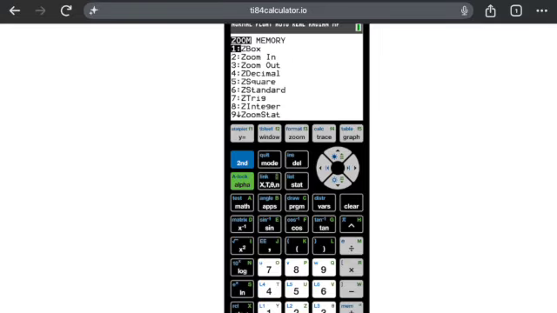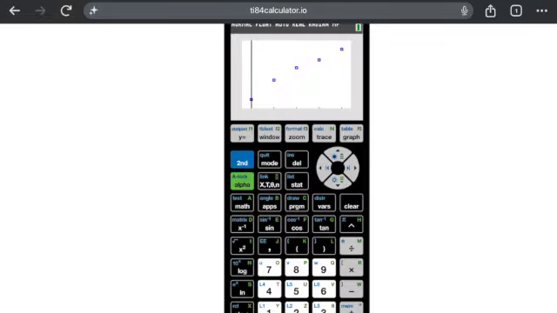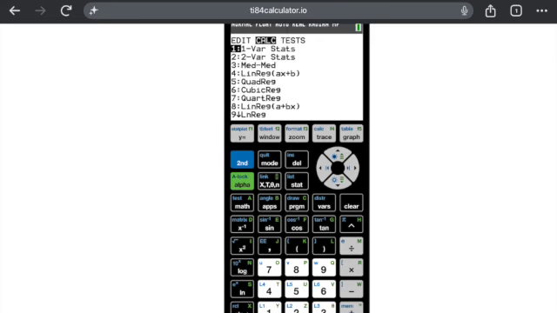Can't see it. There is also a way to do a quadratic regression to see if it's a good fit. So we can go to stat again, calculate, and if we scroll down to number 5, it says quadratic regression. Our x list is coming from L1, our y list is coming from L2. Enter, enter, enter.